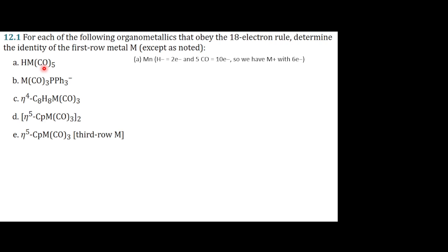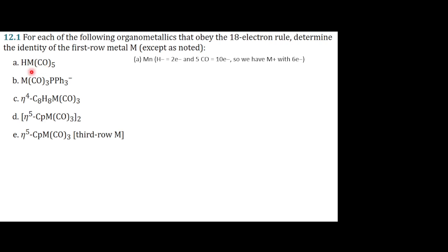So the total number of electrons accounted for so far is 2 times 5, which is 10, plus another 2 from the hydride. That's 12 so far, so we have to account for 6 more electrons. The only place that can come from is the metal.